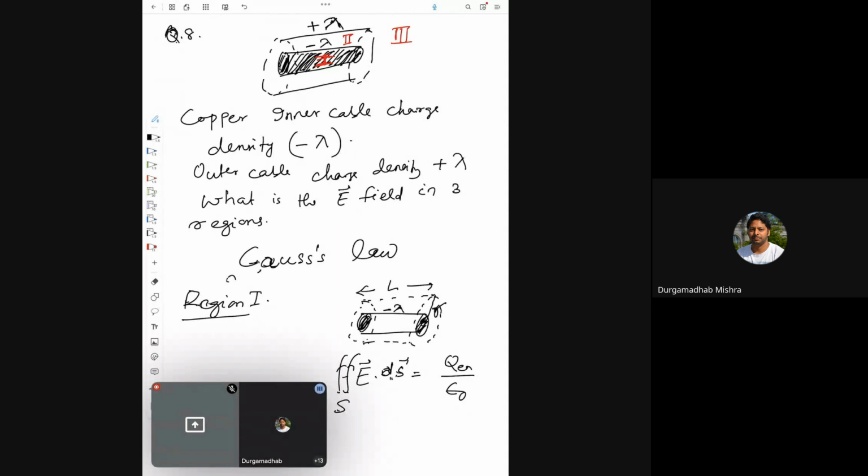So all the charges that are on this, I did it, not for region 1, but for region 2, because we are interested only in the inner one. So let me redraw this. So this will be for region 2, not for region 1. So let me erase it.